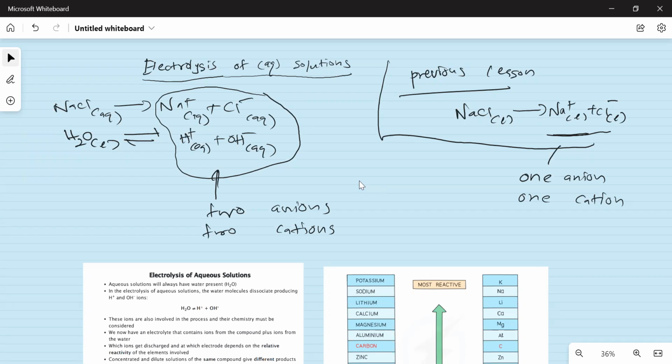The previous lesson, what we learned, molten compounds.